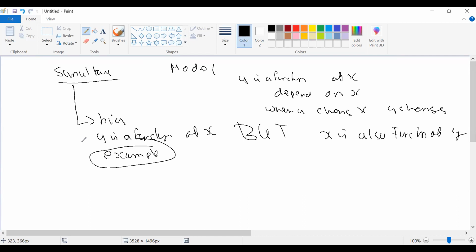ओके, बट व्हाट इज योर वाई ओवर हियर? तुम प्रेडिक्ट क्या करना चाह रहे थे? Both are dependent, but then which one? तुम्हारा एग्जांपल को मैं बिल्कुल अच्छा मान लूंगा, but what was your target? तुम क्या प्रिडिक्ट करना चाह रहे थे? तुम अपनी रिचनेस प्रिडिक्ट करना चाह रहे थे या फैमिली की रिचनेस?